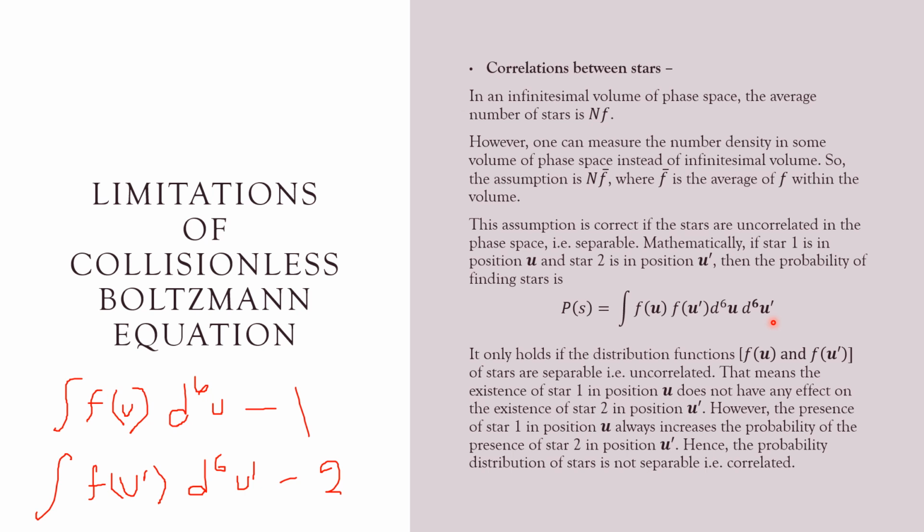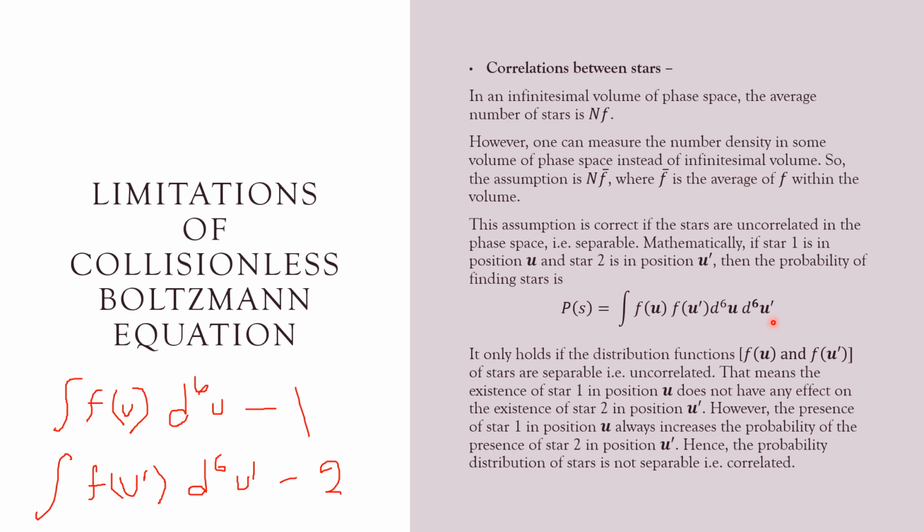However, this assumption of separability breaks down in real systems. In a correlated system, the presence of one star at a certain position increases the likelihood of finding another star at a different position. Consequently, the probability distribution of stars within the system is not separable but correlated.